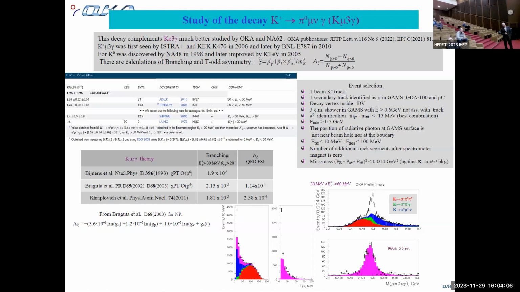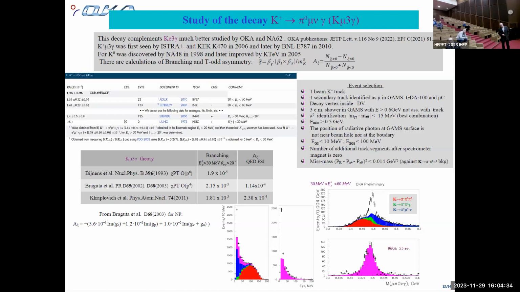And okay, we made some event selection. They are listed here. I will not lose time. They are more or less straightforward. And after the selections, you have this picture. This is again the invariant mass of all particles in the final state, assuming the mass of the neutrino is 0.